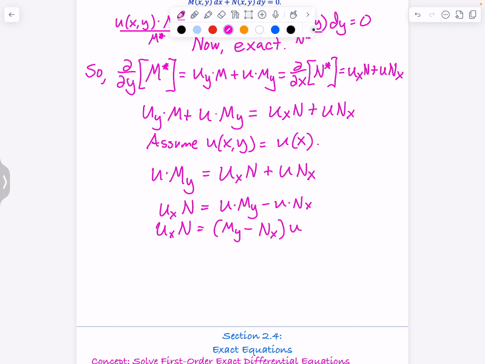And then let's state a few other things. u sub x is equal to du dx, since u is only in terms of x, so I can use normal derivatives.